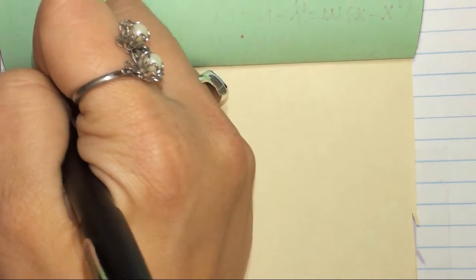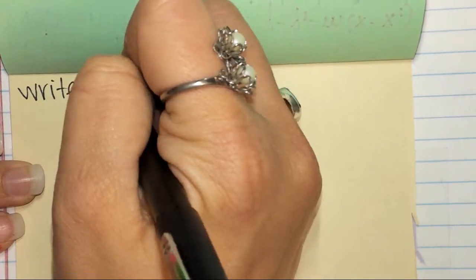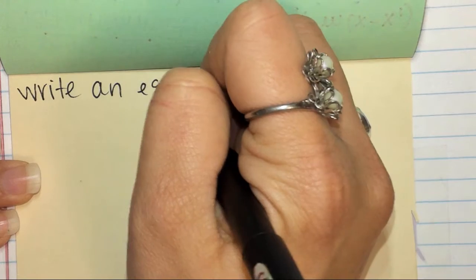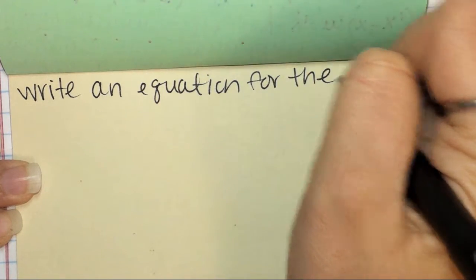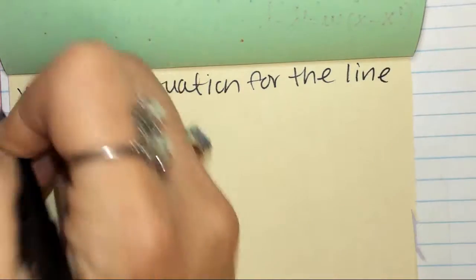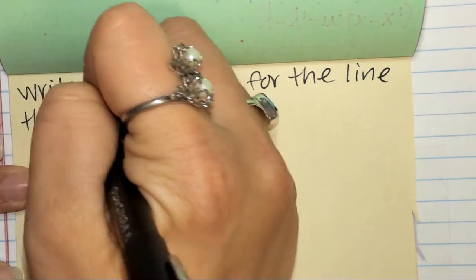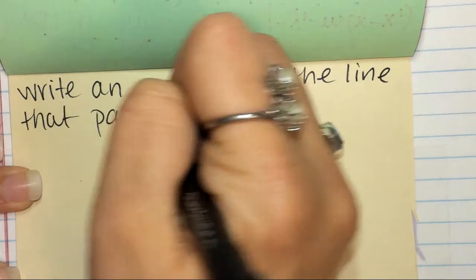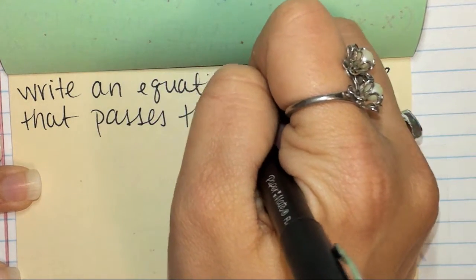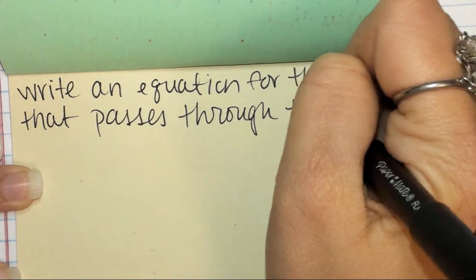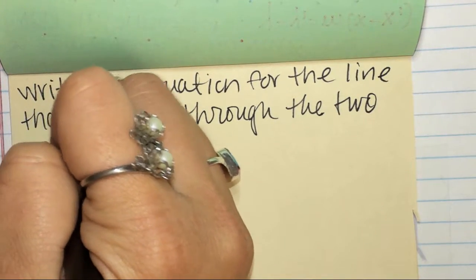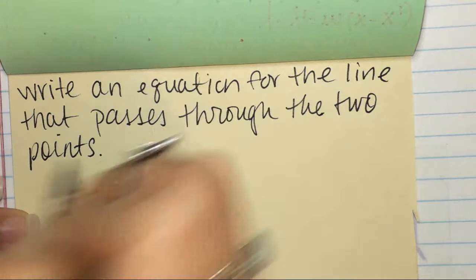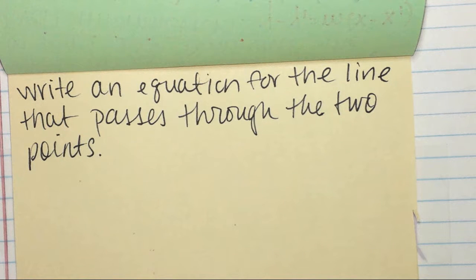Alright, here we go. Write an equation for the line that passes through the 2 points.